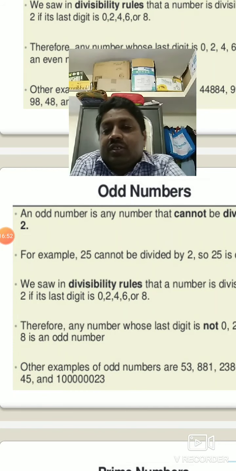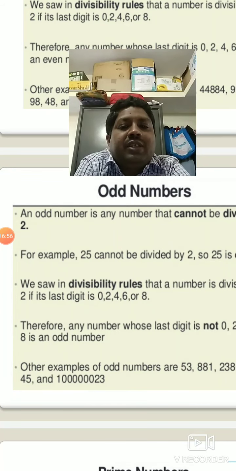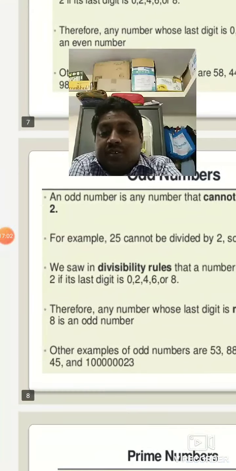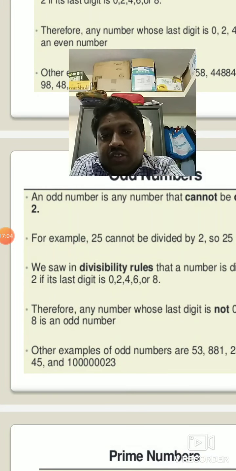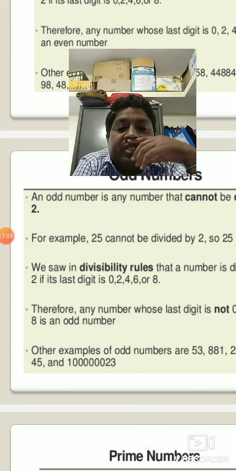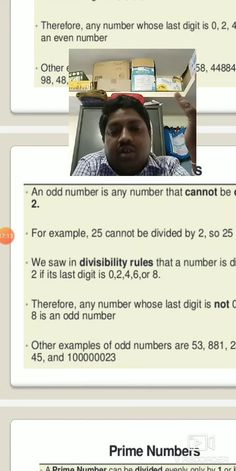It's not there, so that's why it is odd. 5 is an odd number because it's not divisible by 2. We saw the divisibility rule for 2. Therefore, any number whose last digit is not 0, 2, 4, 6, 8 is called an odd number.